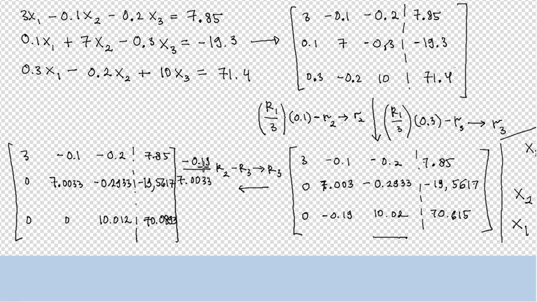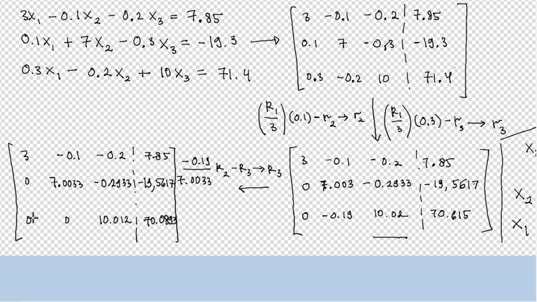So I will do this, minus 0.19 divided by 7.0033, multiply the second row and subtract with the third row and put the result into the third row. Then I will have a triangular matrix because this already becomes 0. So now I have the triangular matrix.